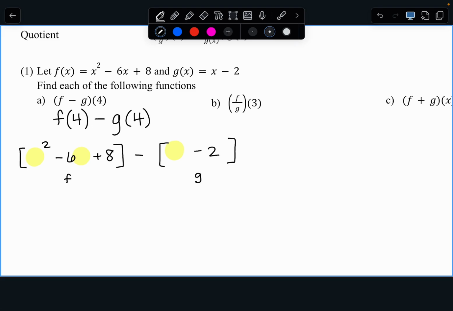In this next step, all I'm doing is replacing that highlighted piece with a 4, but you must use parentheses.